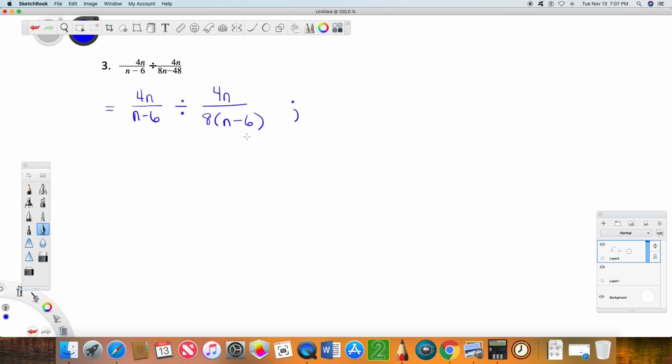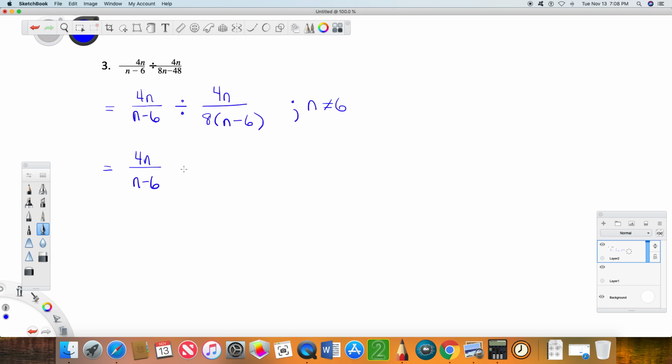When I look to both denominators, I see that I have a factor of n minus 6, and so I can immediately say that n cannot equal a positive 6 because 6 minus 6 would give us 0 in the denominator, and that's not good. All right, so I'm going to leave the first fraction alone.